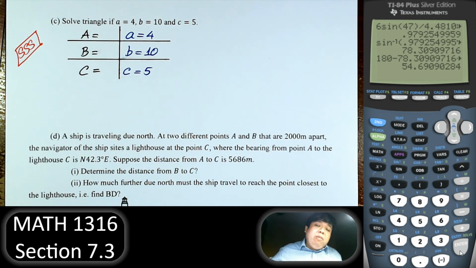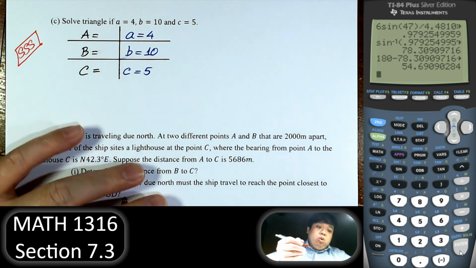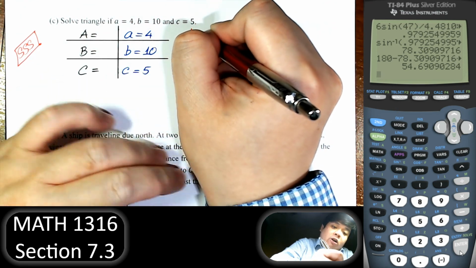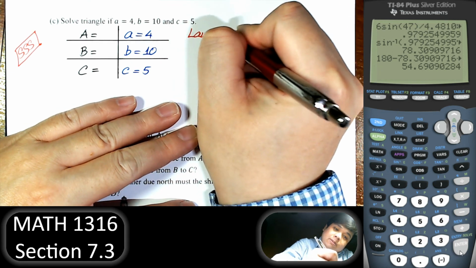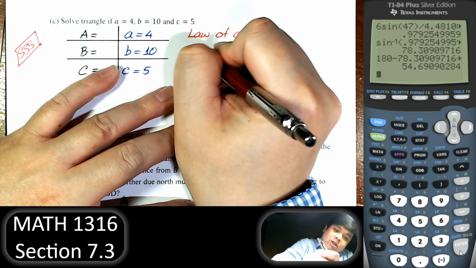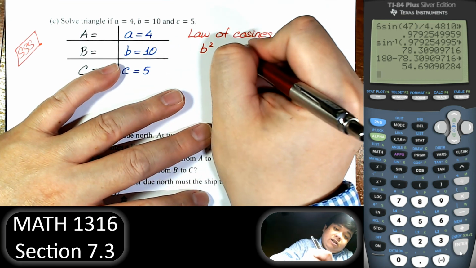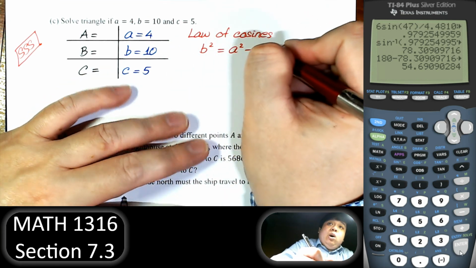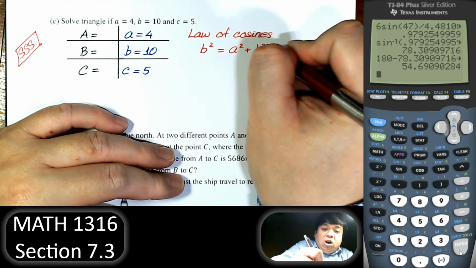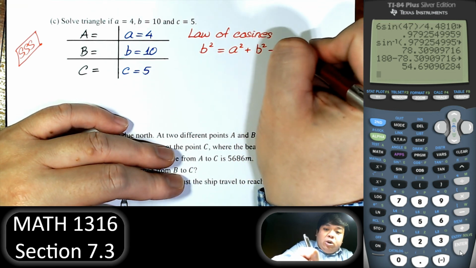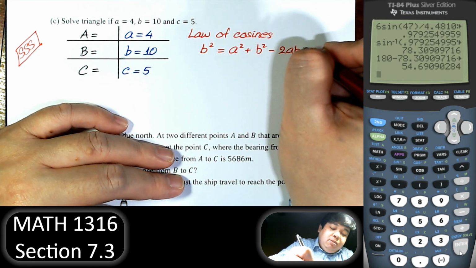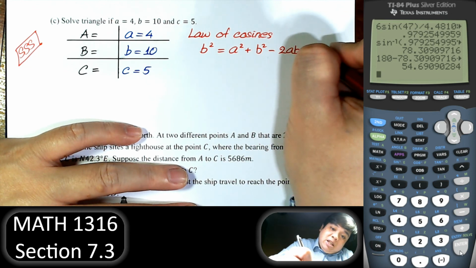And also I recommend that when we use the law of cosine for SSS, go with the one with the biggest angle or the longest side. So I will start with the longest side. Therefore, what we solve for is going to be the biggest angle. Later on, if we have to use the law of sine, we don't have to worry about the supplement, because what we find here is going to be the biggest angle.